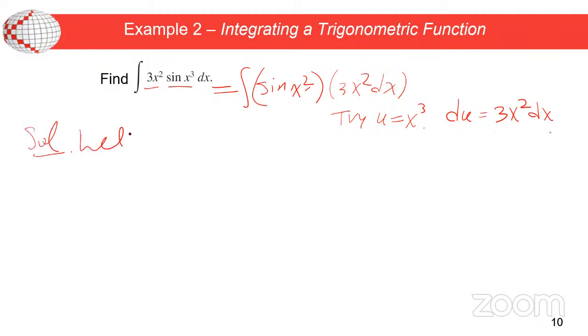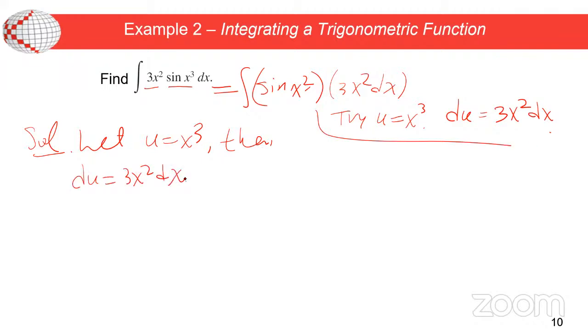So let u be x cubed, and then du is 3x squared dx. And so the given integral, you can write the original one or the one that we just rewrote, is going to be the integral of sine of u du, right?